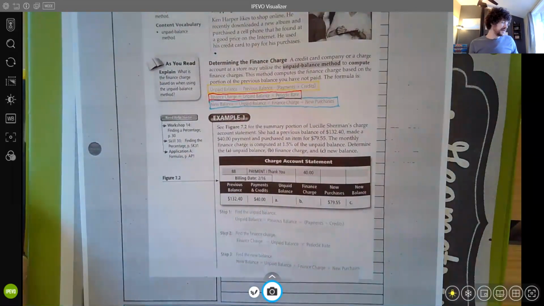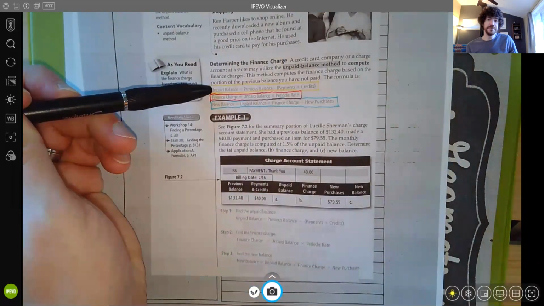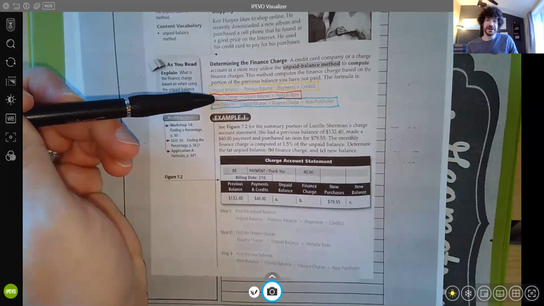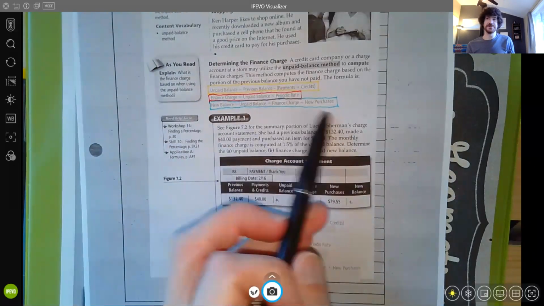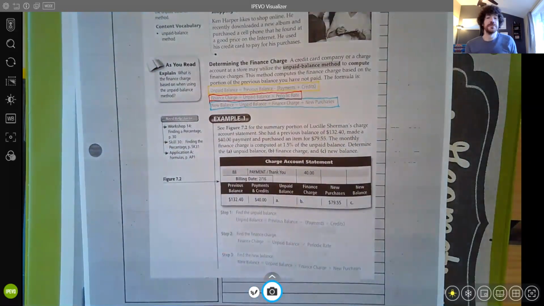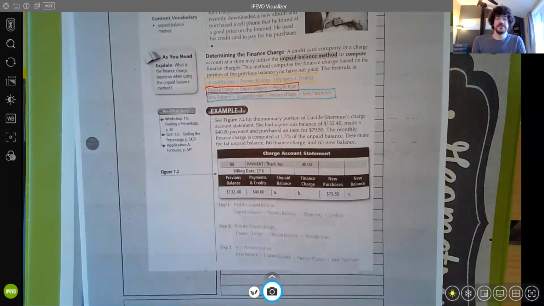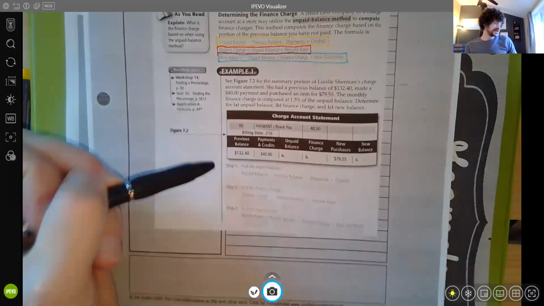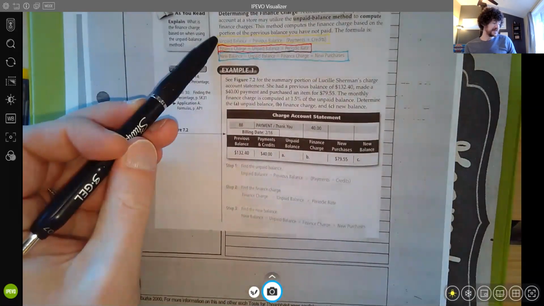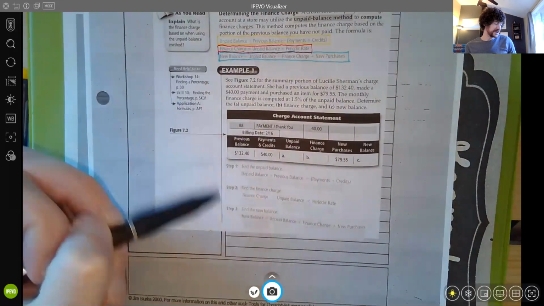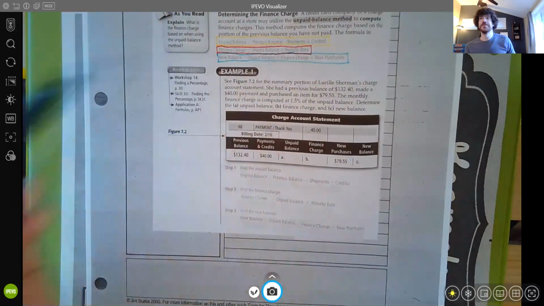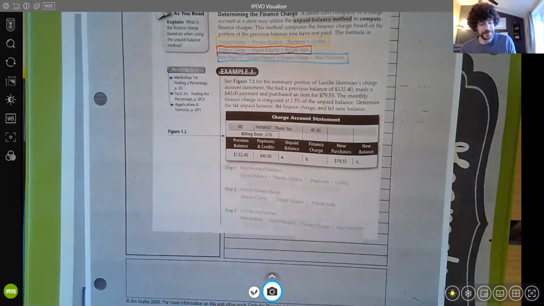Your new balance is equal to the unpaid balance, which you calculated up here, plus the finance charge, which you calculated right here, plus any new purchases, which are just added in. So three different small formulas that we have to use. And it'll kind of walk us through this as well. Step one will be the unpaid balance in yellow. Step two, finance charge, that's red. Step three, new balance, blue. So that's what we're looking at today.